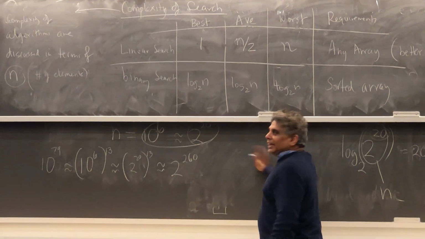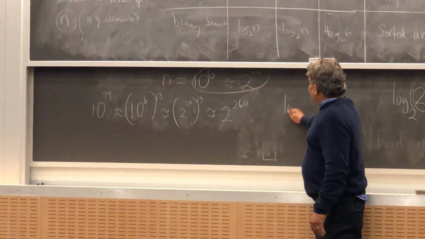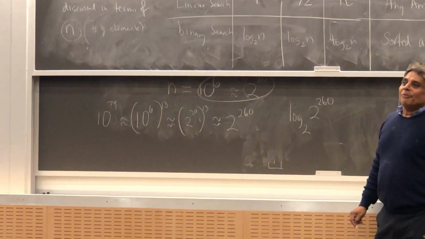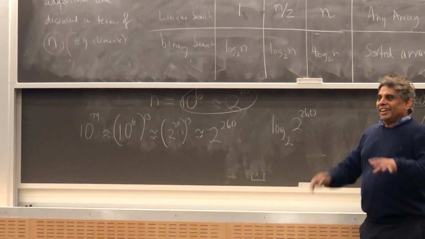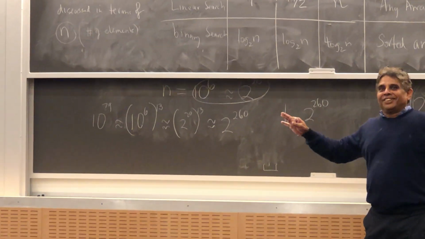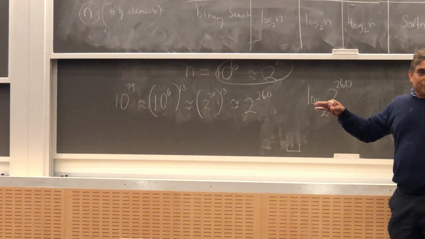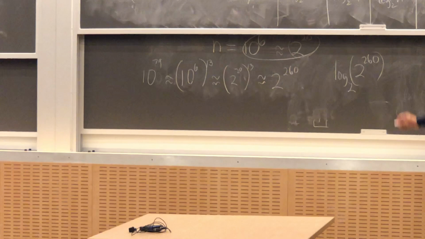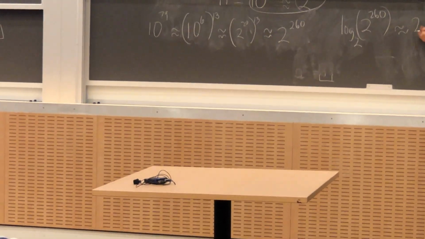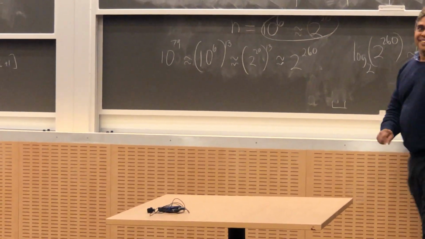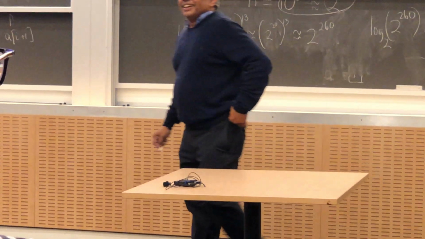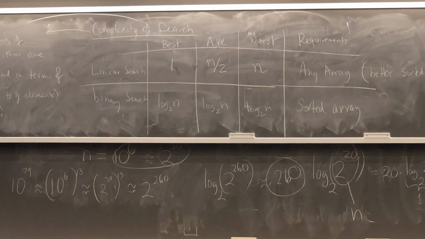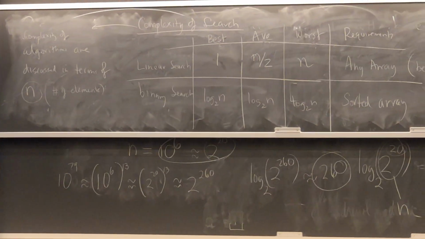So if you process all the atoms in the world in logarithmic performance, that's how many operations you need. If you take all the atoms in the world, sort them, and search for some specific atom, this is how many operations you need to find it: 260. So with binary search, we can search all the atoms in the world in less than 260 comparisons.